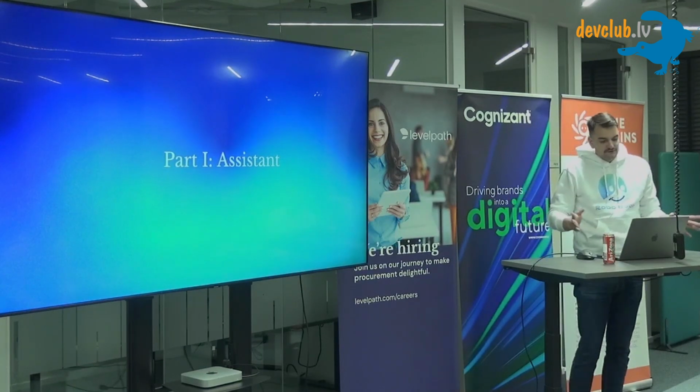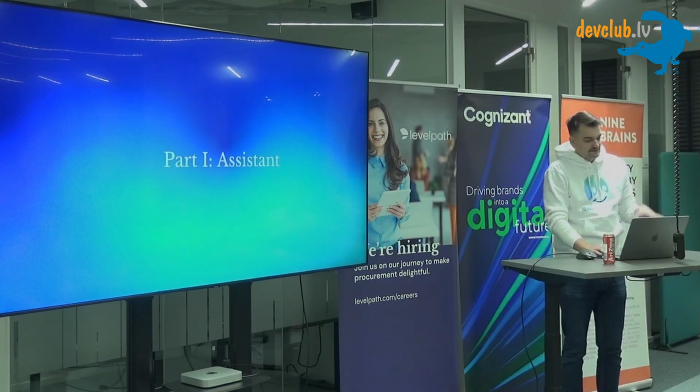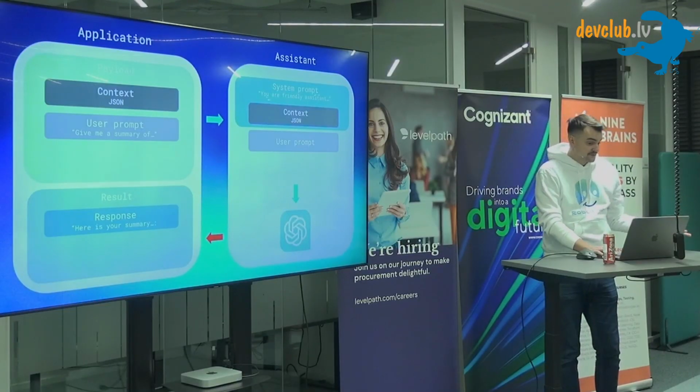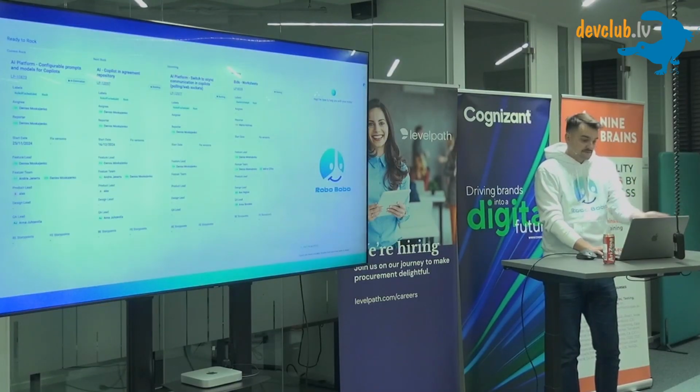I promised a tutorial, so let's start with the assistant. To build a successful assistant chat interface, what do you need? You need a user prompt, so you need a chat box, right? And you also have to give the assistant some sort of context, like what this assistant is helping this user with. In this case, it's the current user's Jira tickets, the ones that have yet to be planned.